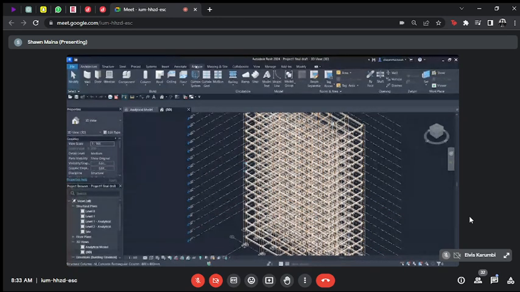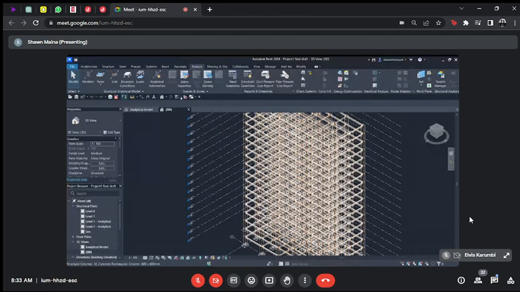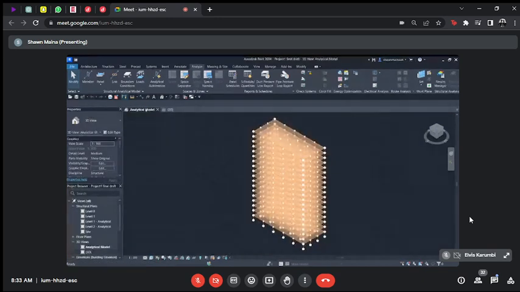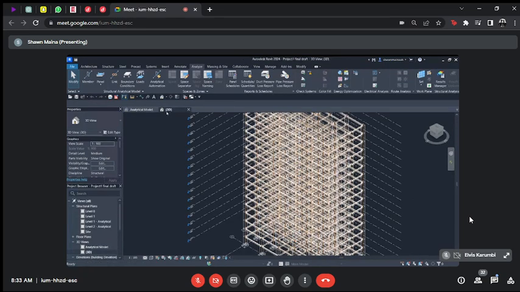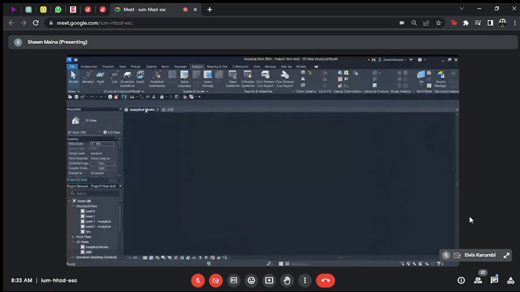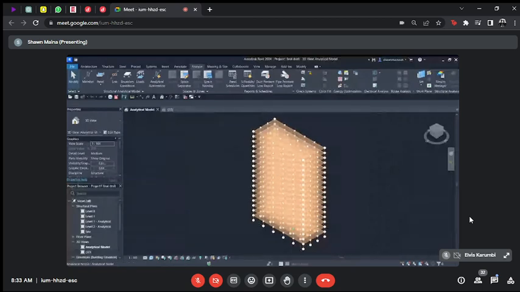It's around here for the analyze. It has an Autobot that analyzes your building as you go on, and it develops something like this. Now this is the analytical model. If I add loads in the physical model, it will apply them here as well.